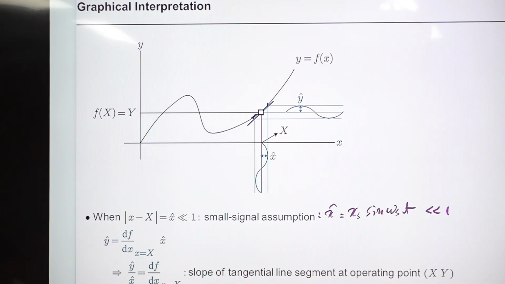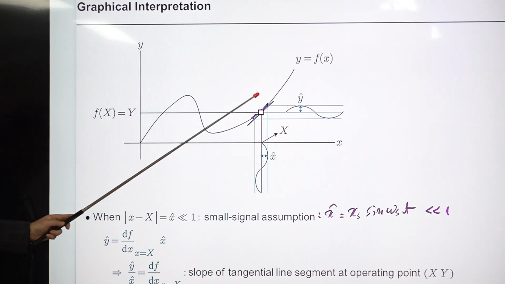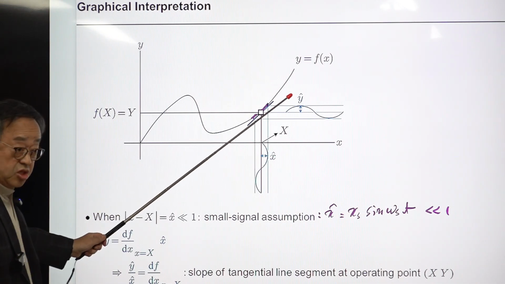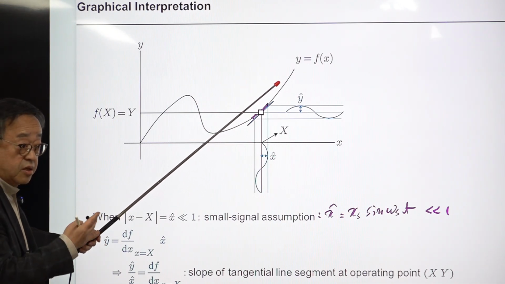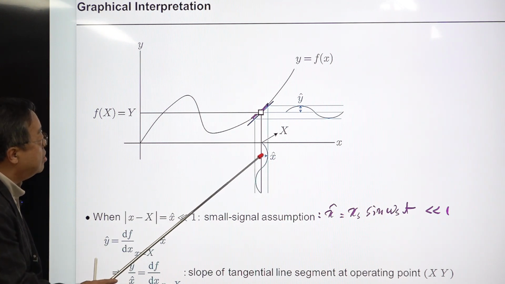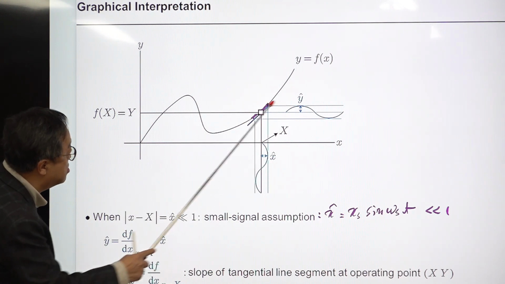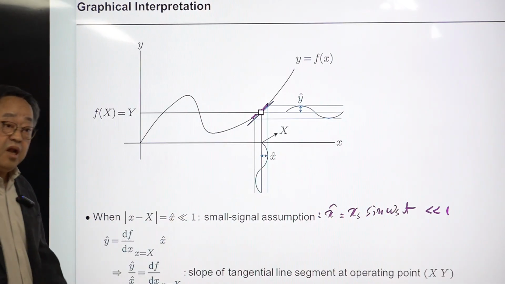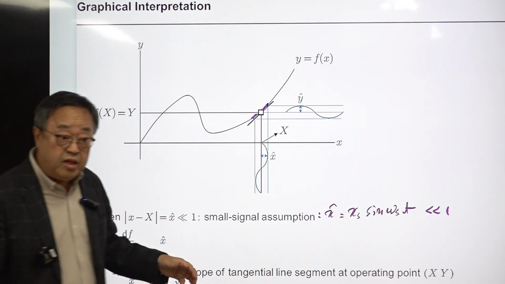This is another analysis, the exact evaluation of something. But we replace this curve with this line segment, a tangential line segment evaluated at this particular point. Then you extend this, and you obtain this graphically or numerically.